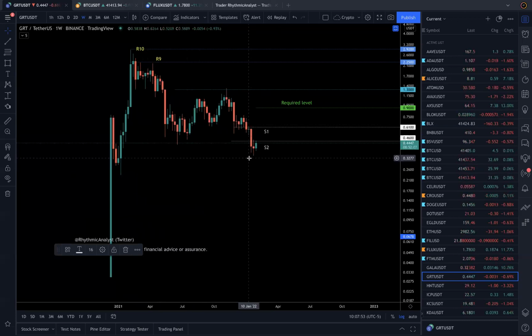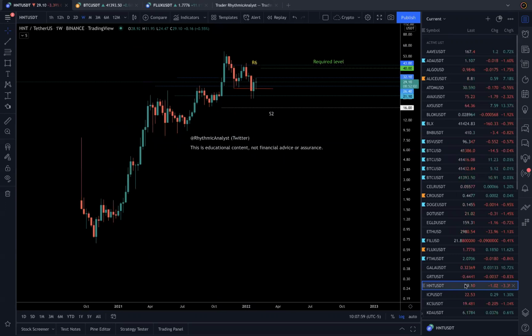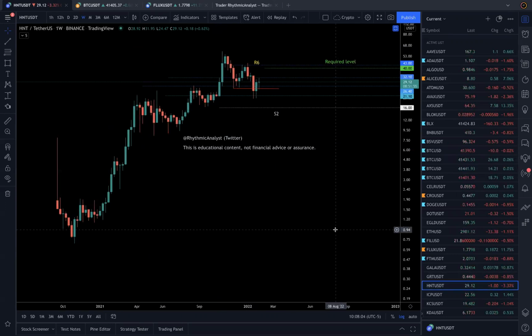So I would say this could do well. Of course, time will tell, but this could do well. I'm talking about a longer term time horizon, because it has consolidated enough, in my opinion.